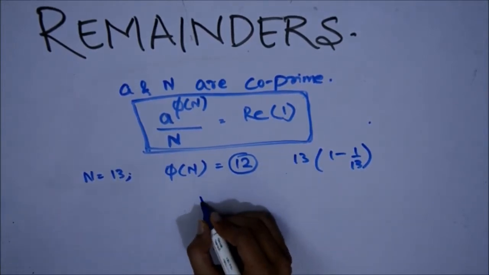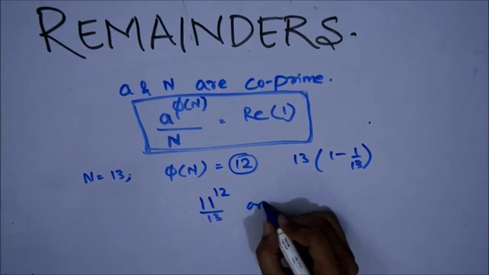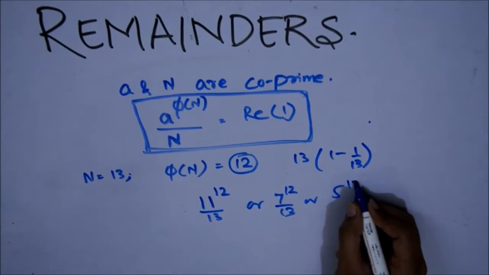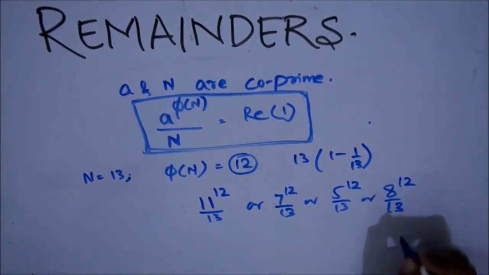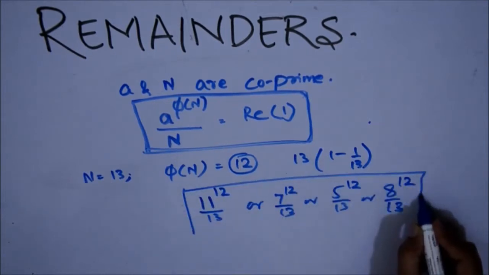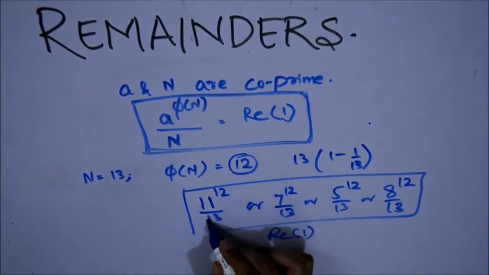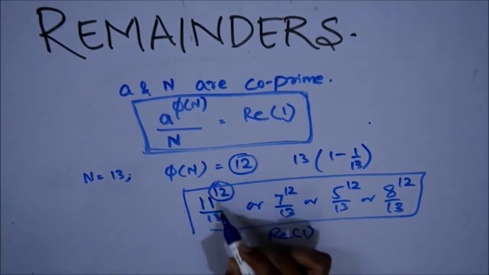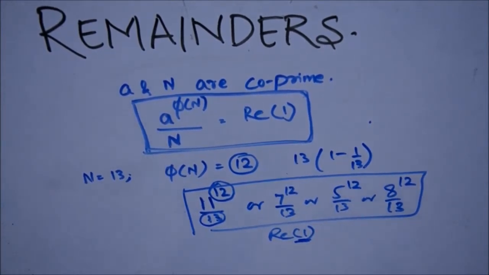Therefore, 11 to the power 12 by 13, or 7 to the power 12 by 13, or 5 to the power 12 by 13, or 8 to the power 12 by 13, or anything of this sort will give you a remainder of 1, since these two numbers are co-prime to each other, and a to the power phi of n when divided by n gives a remainder of 1, right?